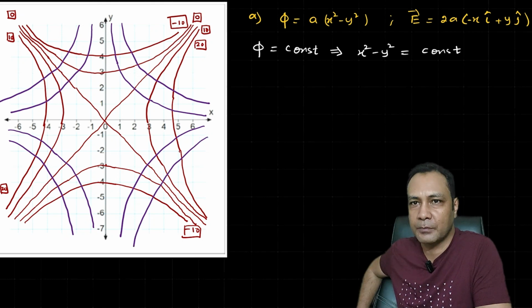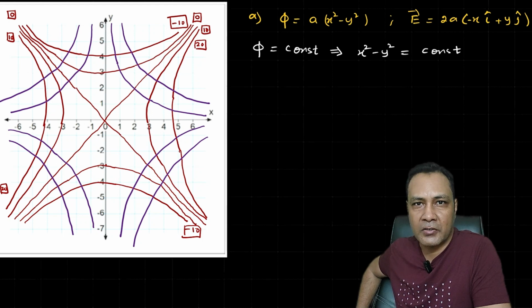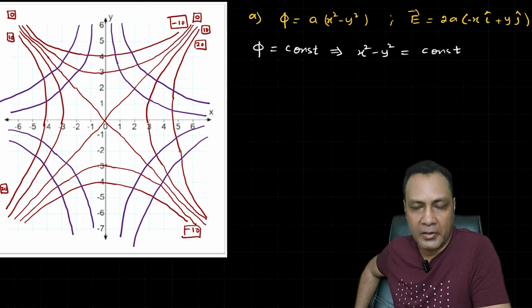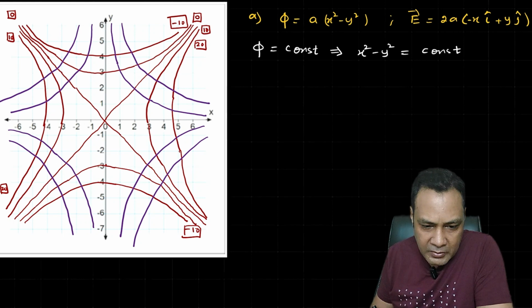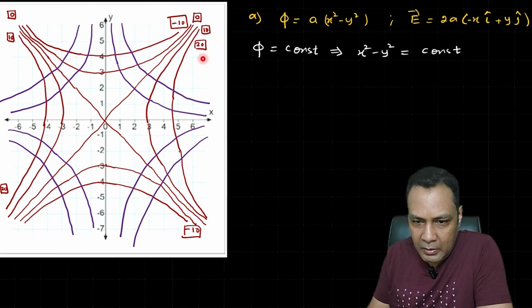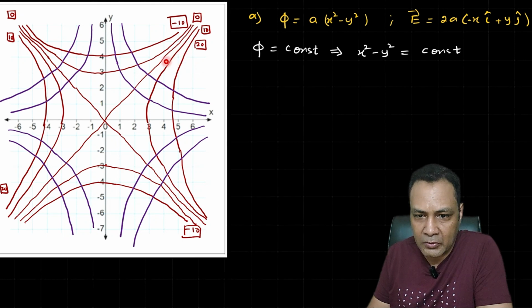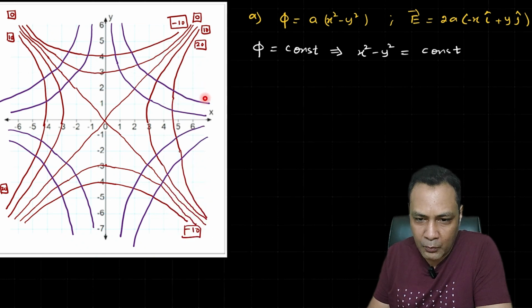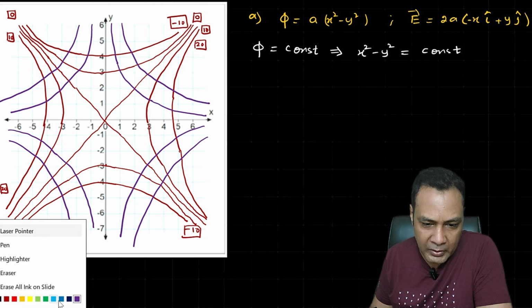We know that the potential decreases in the direction of the electric field. So here, this is a higher potential, this is lower potential, this is 20, 10, 0, minus 10, minus 20. So potential is decreasing in this direction. So the lines of electric field would be along this direction.